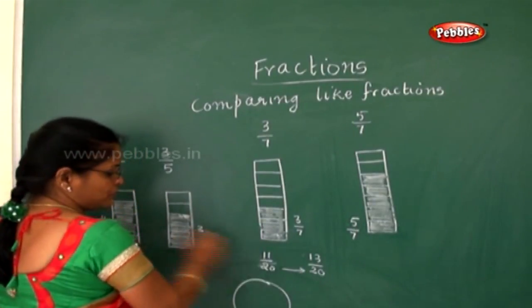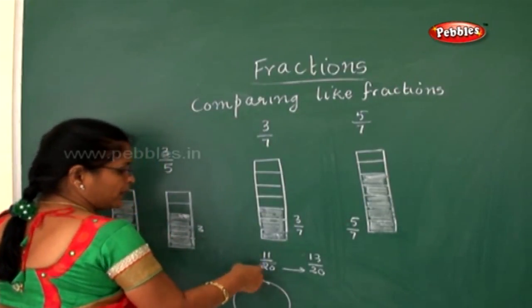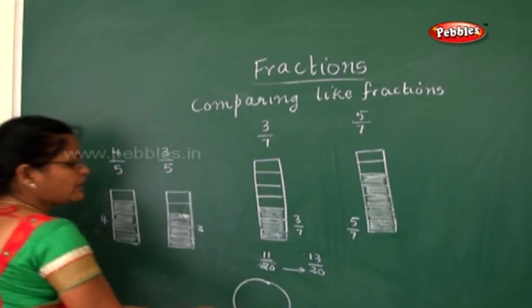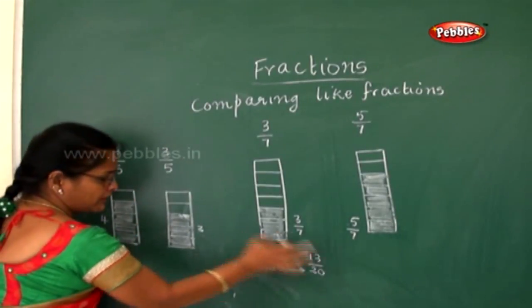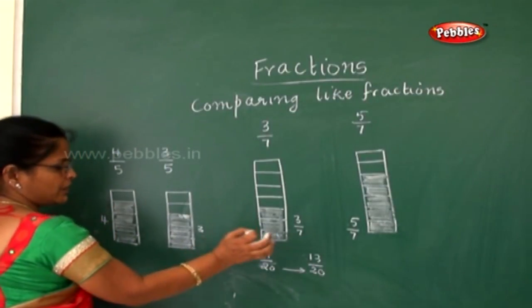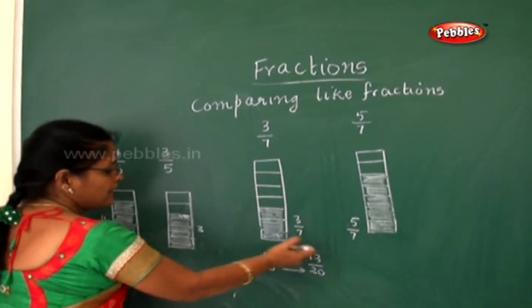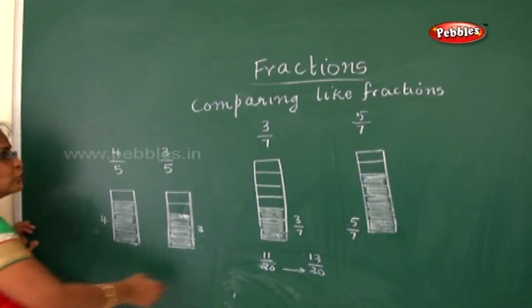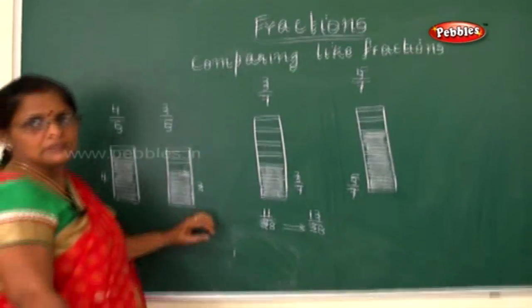Here only 11 parts are shaded and here 13 parts are shaded. So it means 11 by 20 is lesser than 13 by 20. See, the denominator is the same, means 20 parts is divided. Whereas here 11 parts are shaded and here 13 parts are shaded. So 11 by 20 is lesser than 13 by 20. So this is how you will compare the like fractions.